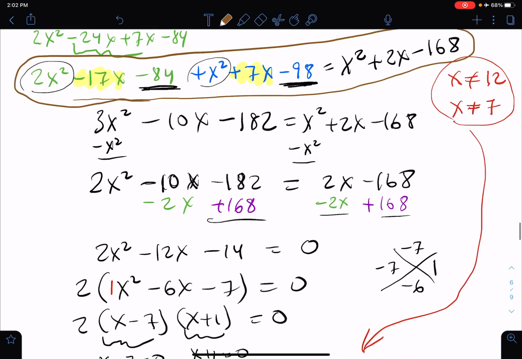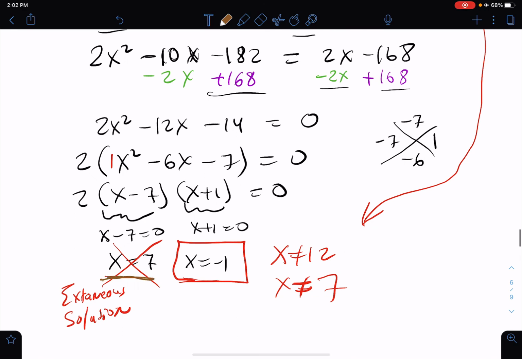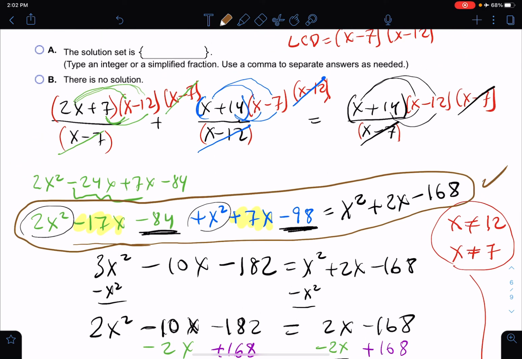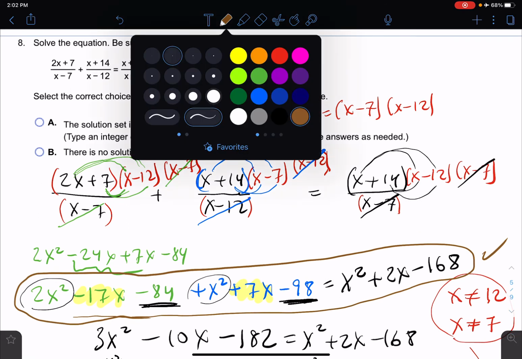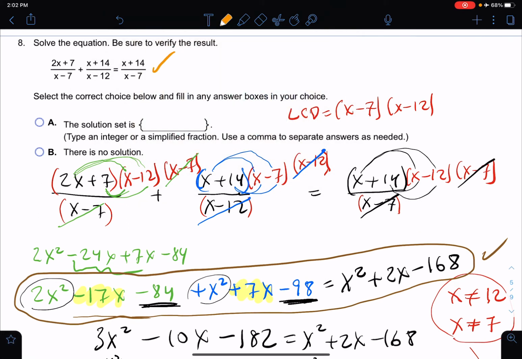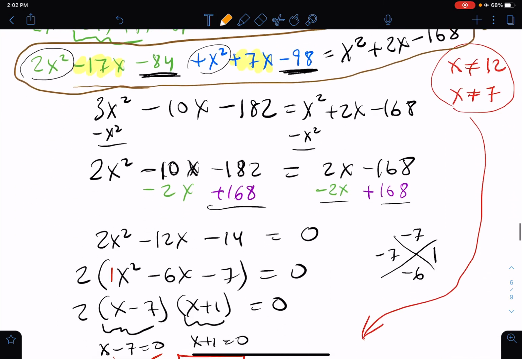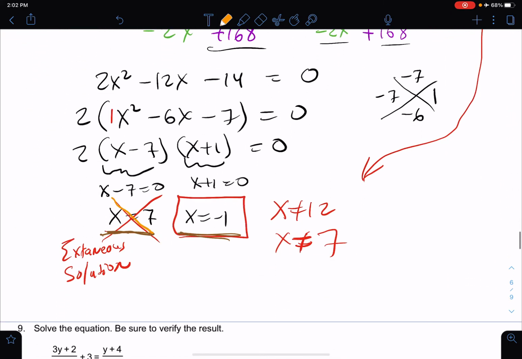Let me say that again. 7 and negative 1 both work perfectly for this equation. But the problem is I was asked to solve a different equation, this equation. And because that equation has these restrictions, x cannot equal 7 because a 7 would cause a 0 in the denominator. We have to get rid of the extraneous solution, and we just get one solution right here, x equals negative 1.